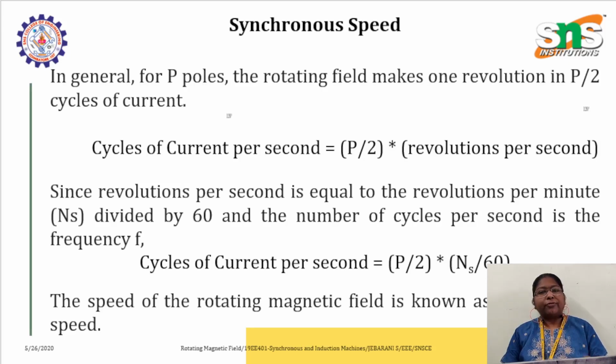This movement of the resultant vector, its orientation at different instants of time moving in a clockwise direction, we call a rotating magnetic field. The speed at which the vector rotates we call synchronous speed. Synchronous speed is a constant term, and machines are classified based on this concept.